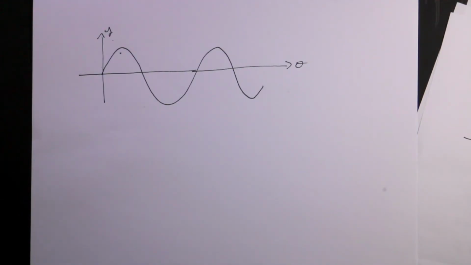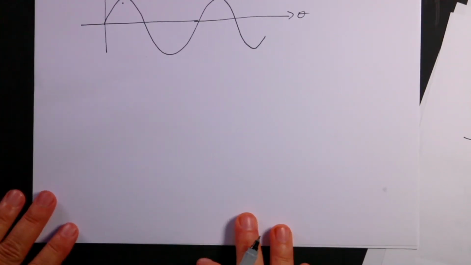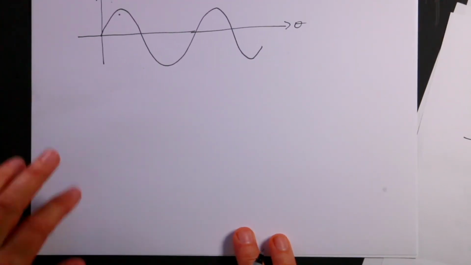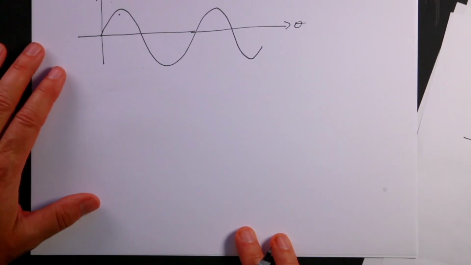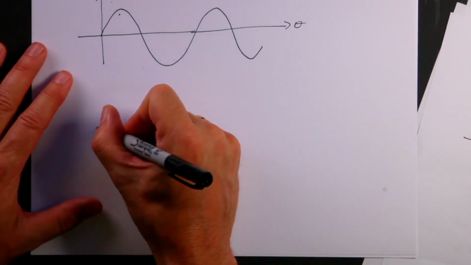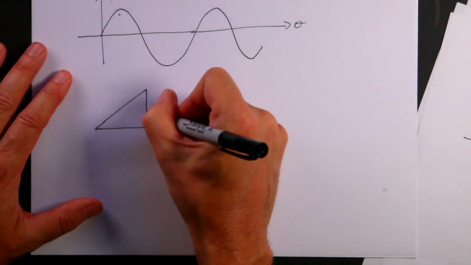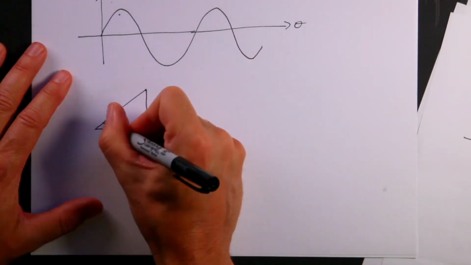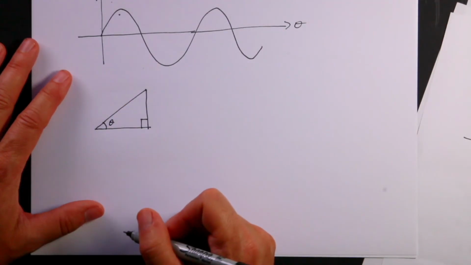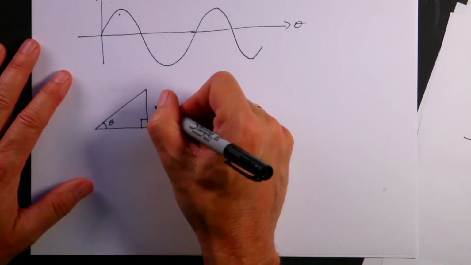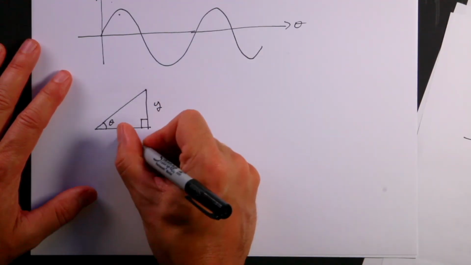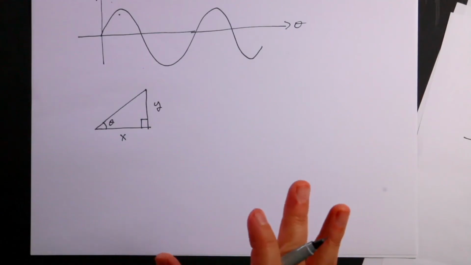It's about triangles. Trig is all about triangles, and you will use these triangles a lot in this class. So if I have a right triangle, in particular, a right triangle, like this. And so this is some angle theta. I'm going to call the opposite side y and the horizontal side x, just in this case, okay?